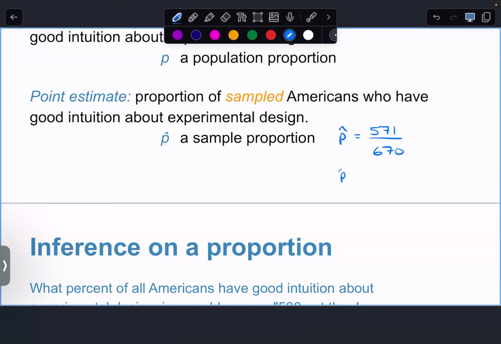It's not. 0.8522388806, probably keeps going, but who cares? Just making a note here. x is 571. This is the observed successes. And n is 670.